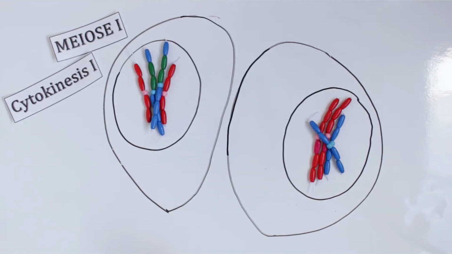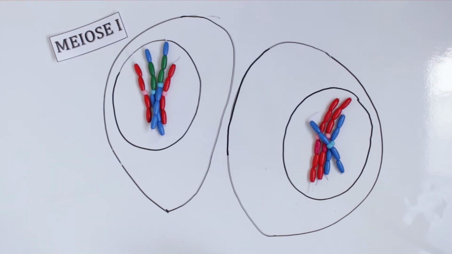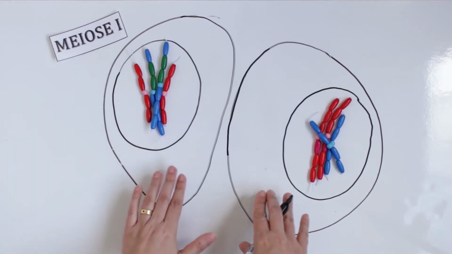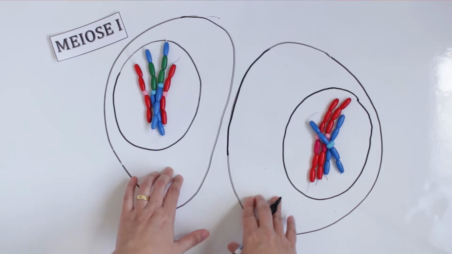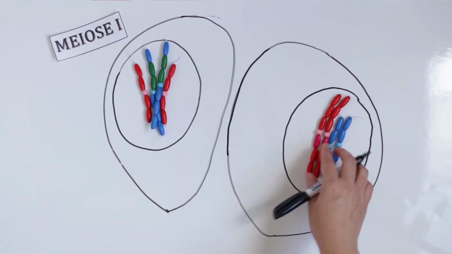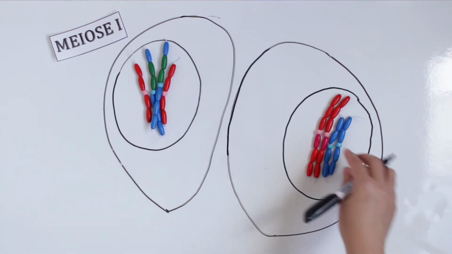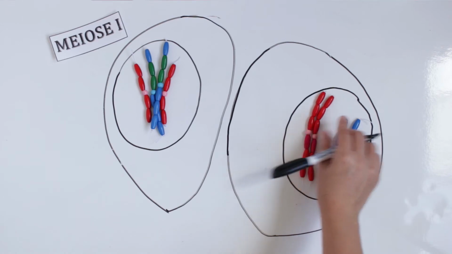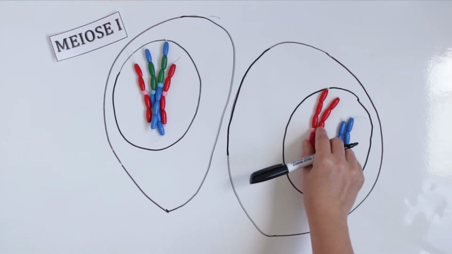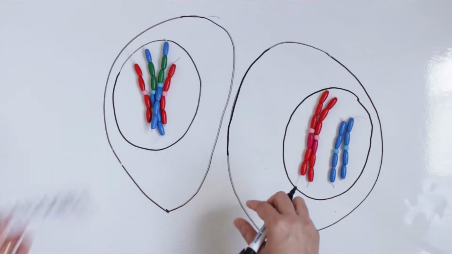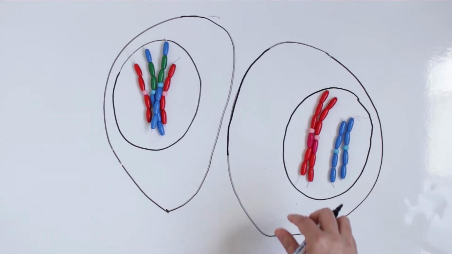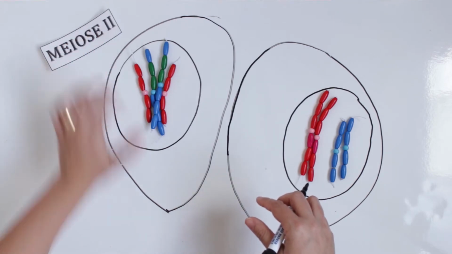Okay, so in cytokinesis, I complete the split of the cells. And that's it for meiosis 1. So in meiosis 1, I create two new cells, two daughter cells, with half of the chromosomes, okay? Instead of having a pair, I have just one for each, duplicated. That's meiosis 1. Now I go over meiosis 2.